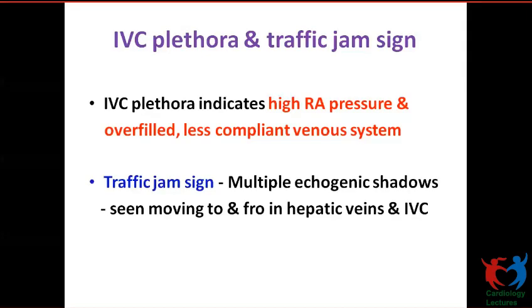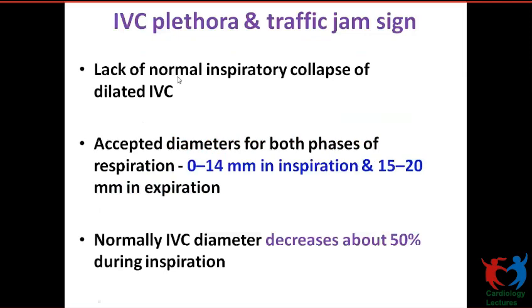Ma'am, what is the difference between the two? What is the difference between IVC plethora and traffic jam? Plethora means it is not decreasing in respiration. Lack of normal collapse. It's a dilated IVC and no inspiratory decrease.